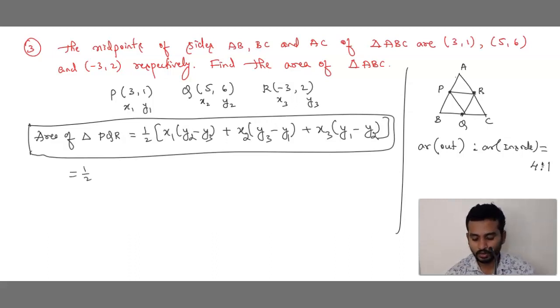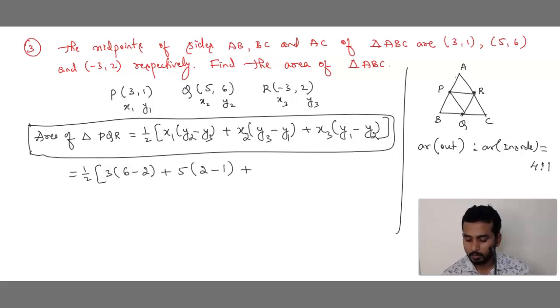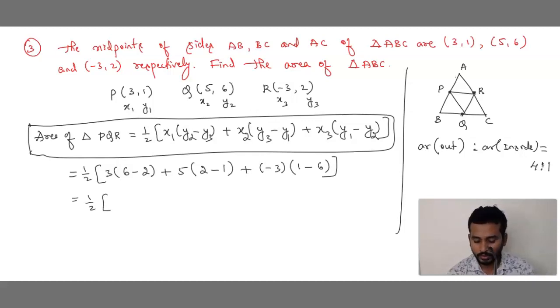Substitute the values. Half into x1, 3, (y2, 6, minus y3, 2), plus x2, 5, (y3, 2, minus y1, 1), plus x3, minus 3, in bracket (y1, 1, minus y2, 6), close the bracket. Now, 1 by 2 into 3 into (6 minus 2), 4, plus 5 into (2 minus 1), 1, plus minus 3 as it is, (1 minus 6), minus 5, close the bracket.